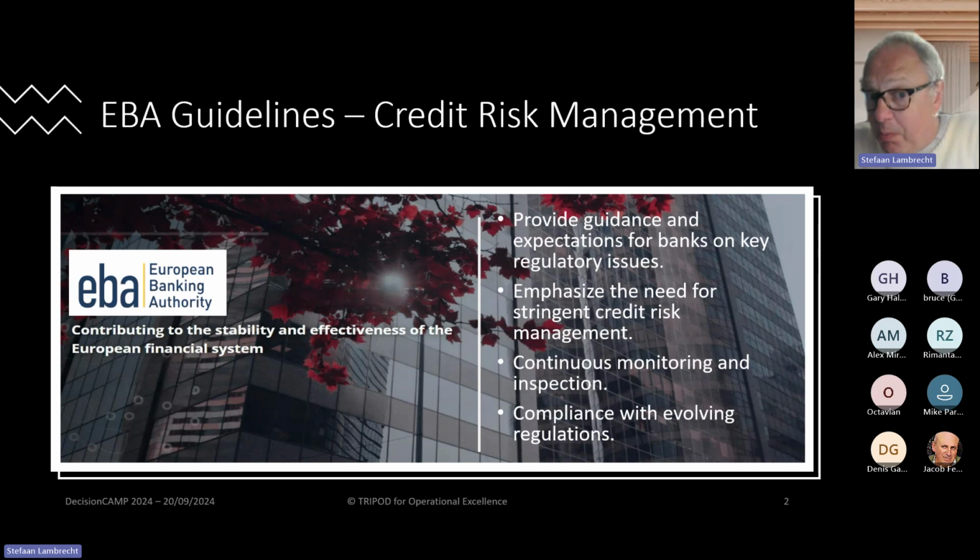The banks need to comply with these guidelines, and these guidelines keep on evolving. The European Banking Authority also created joint inspection teams together with the national banks of each country to closely monitor and inspect all the banks within each country.